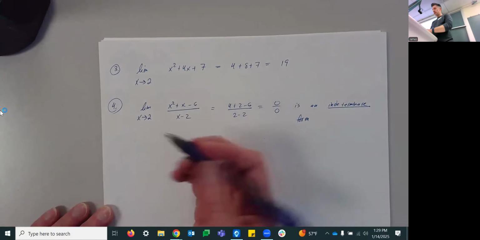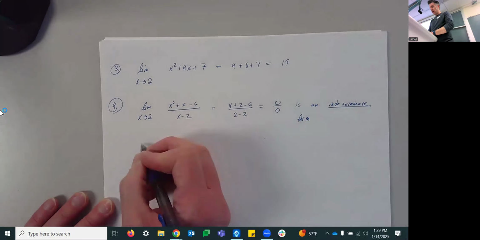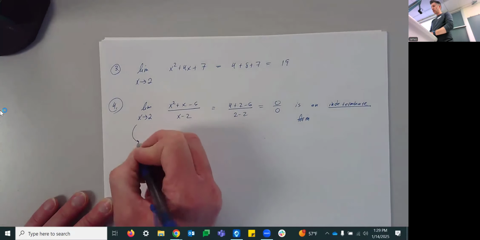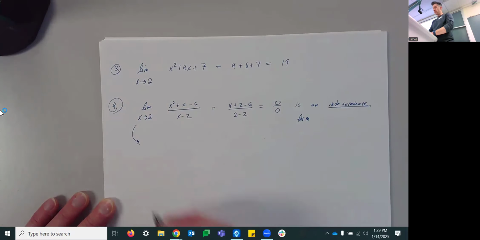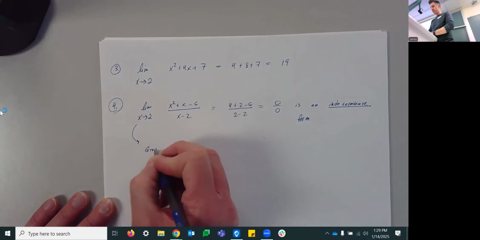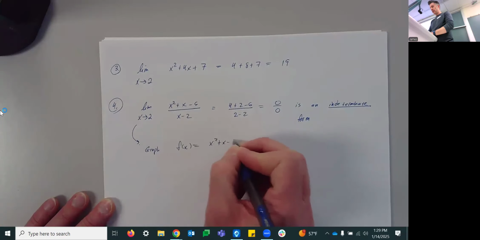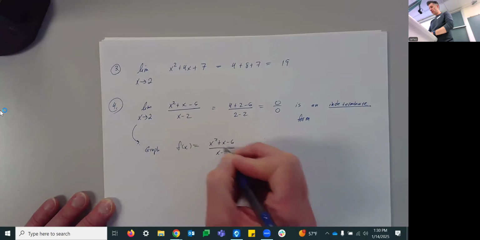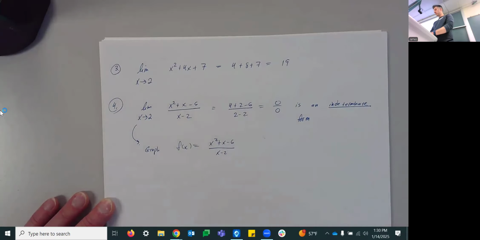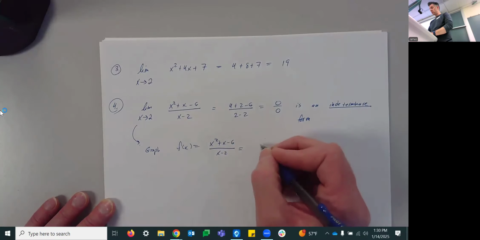So in this case, we're going to rewrite this as, well, actually, I'm going to graph it before I rewrite it. So we're going to graph f of x equal to x squared plus x minus 6 divided by x minus 2, which I'll point out, this numerator does factor.